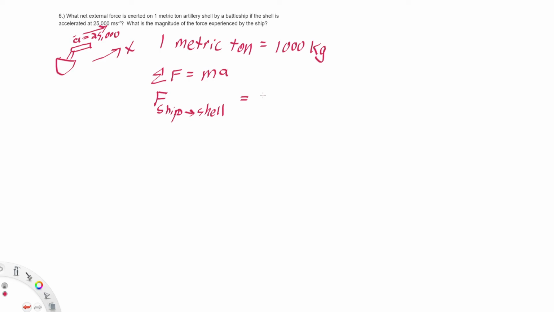And that's going to equal mass times acceleration, which is 1,000 times 25,000. Right, so 2.5 times 10 to the 4 times 10 to the 3. So that's going to be 2.5 times 10 to the 7.